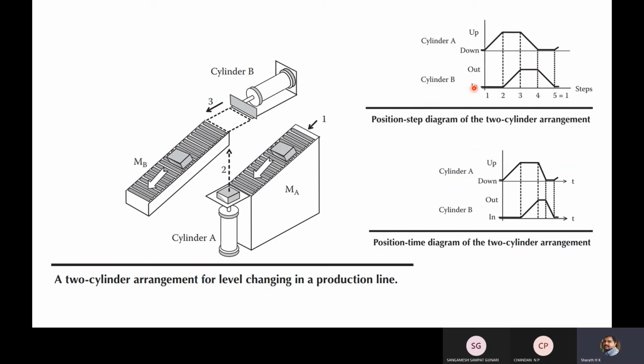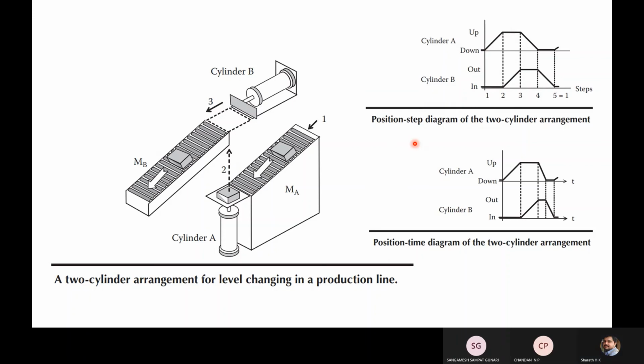If there are 3 cylinders, similarly you can include one more cylinder, cylinder C. If there are 4, you can include cylinder D. And you can represent its extension and retraction positions. Before designing the automation circuit, if you draw this position step diagram, it will be easy to analyze the sequence of positions you need to achieve.